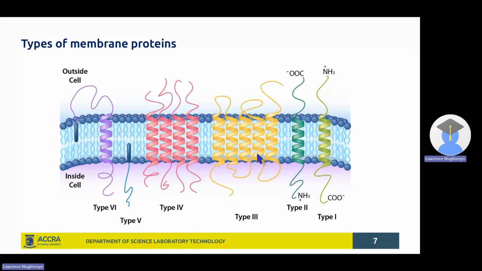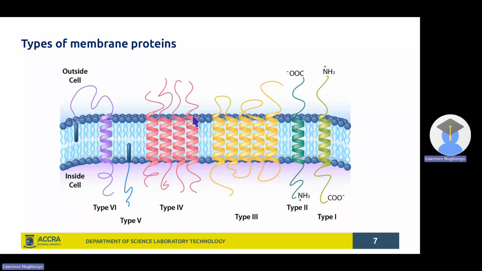So you have this interchange. You can have any of them. The main distinction of this classification is that you are having multiple loops that are embedded in the biomembrane, multiple alpha helix domains which are embedded in the lipid bilayer.